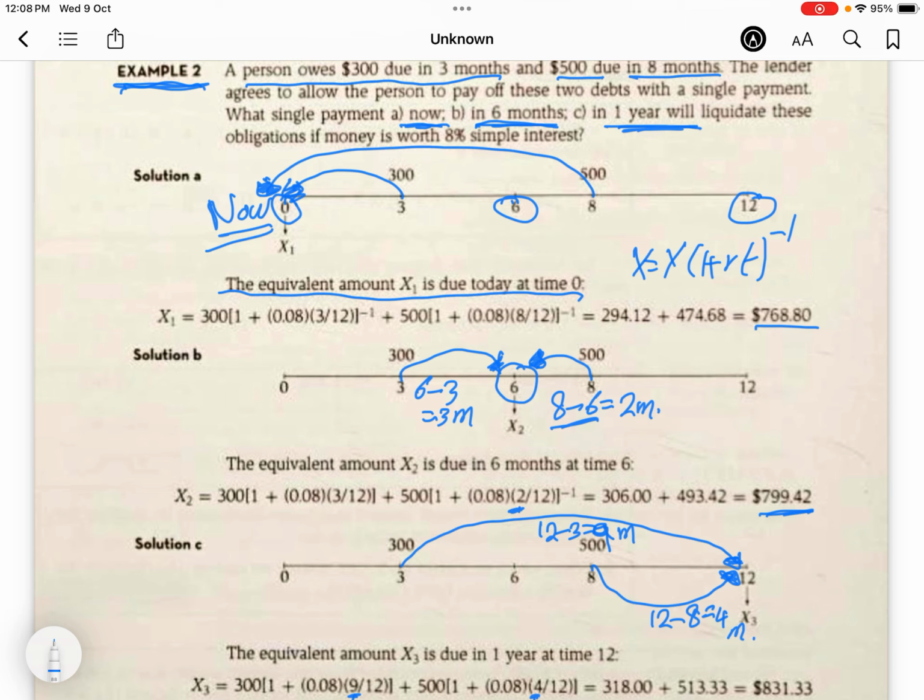Solution. Here now means 0, the focal date. From 3 months to 0 and from 8 months to 0. The equivalent amount x1 is due today at time 0. You are moving to the left.